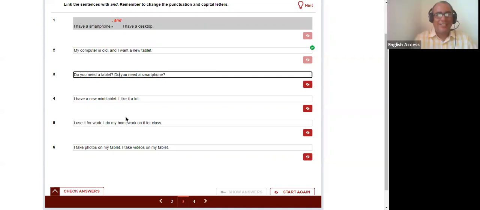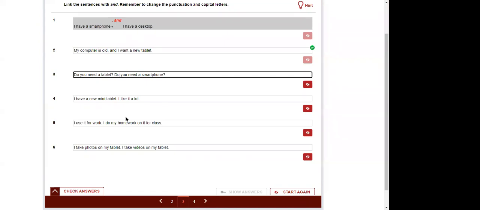Ok, ¿quién? A ver, Fátima, ¿qué ibas a decir tú? Eliminando do y el question mark, coma. No. También eliminando el you. Y need.